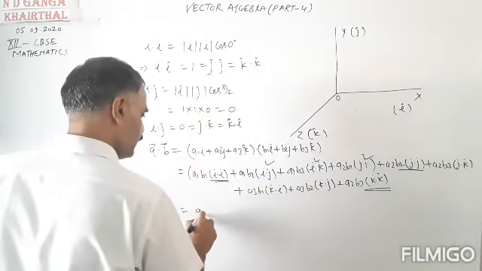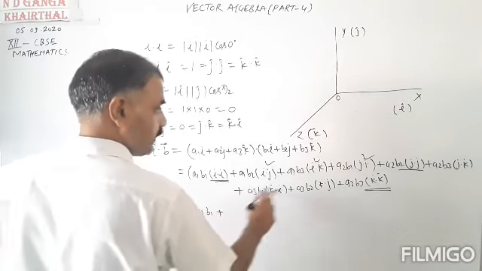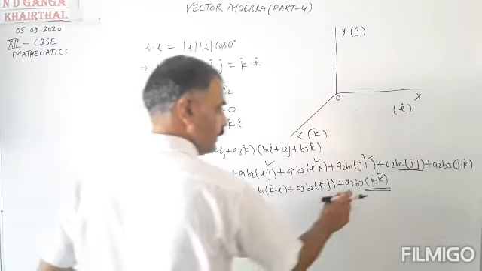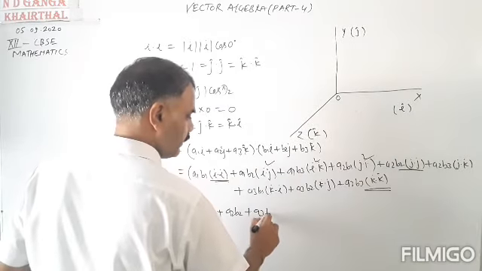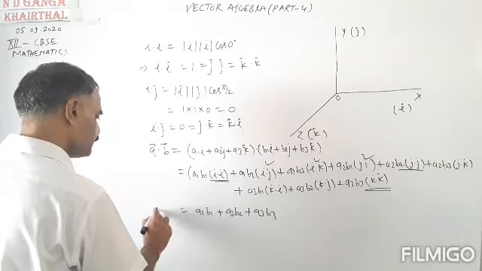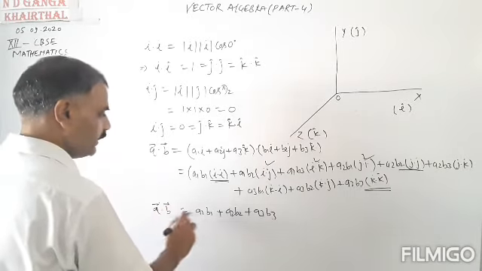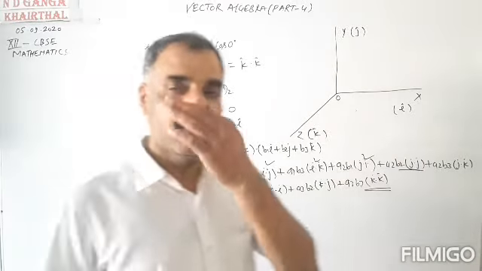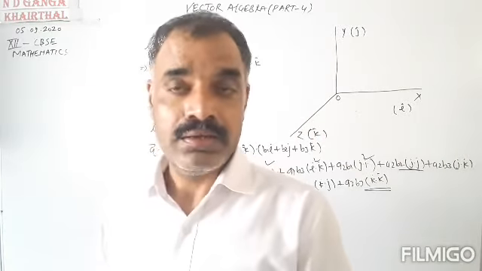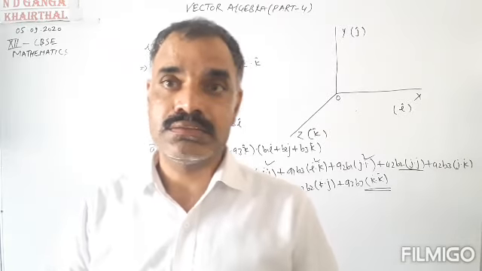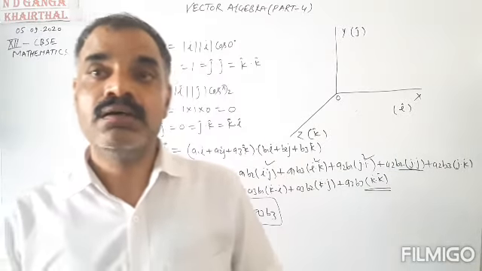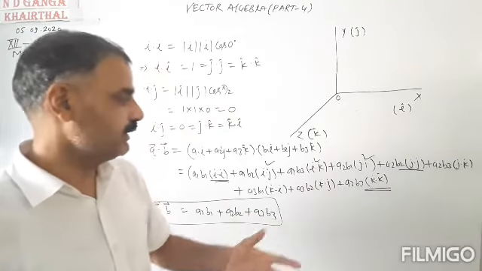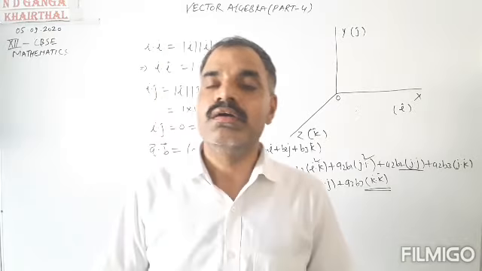So a1 b1 into 1 plus a2 b2 plus a3 b3. Means the corresponding components will be multiplied: a1 b1 plus a2 b2 plus a3 b3, and this is equal to a vector dot b vector.